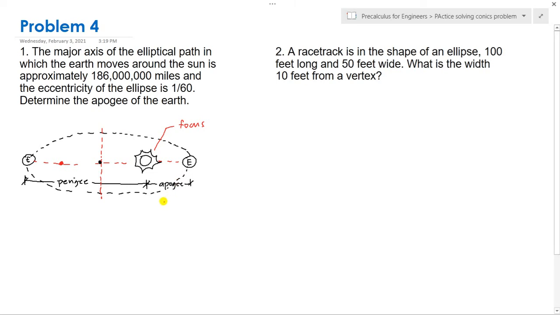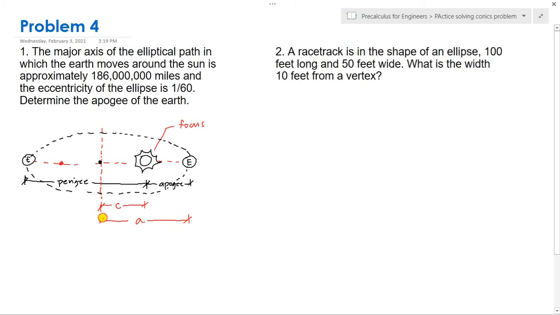The distance here, as we all know in the ellipse, this is our c. c is the distance from the mean center towards the earth, and this is a.